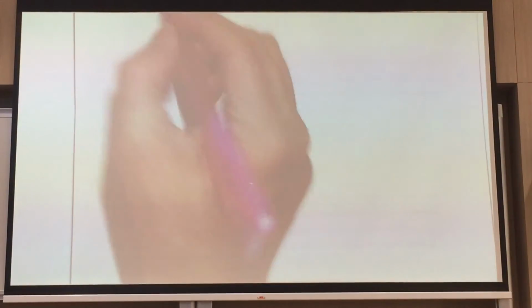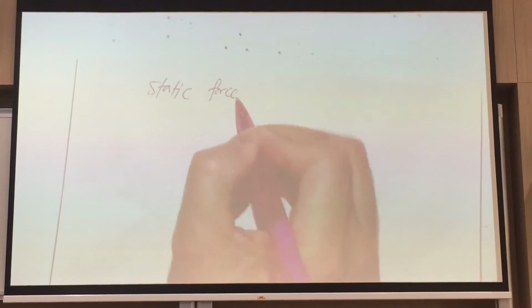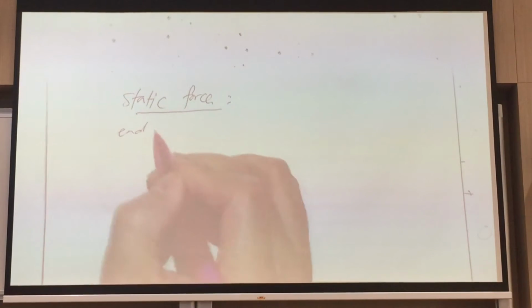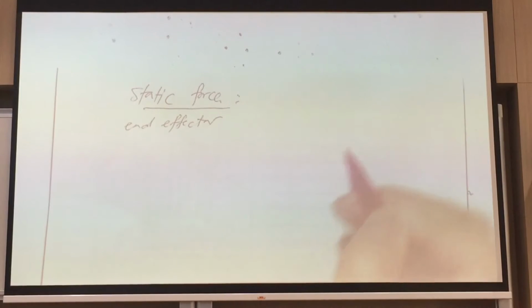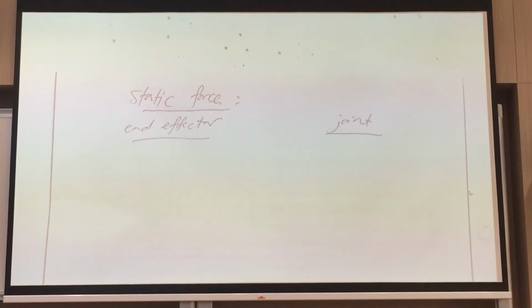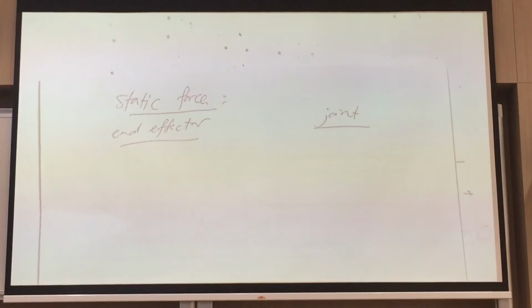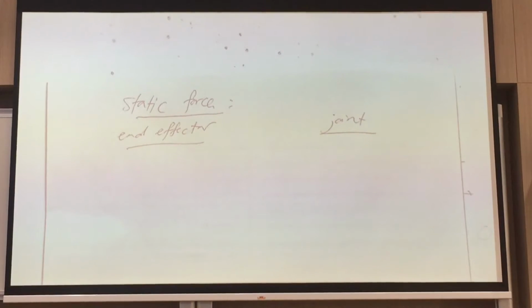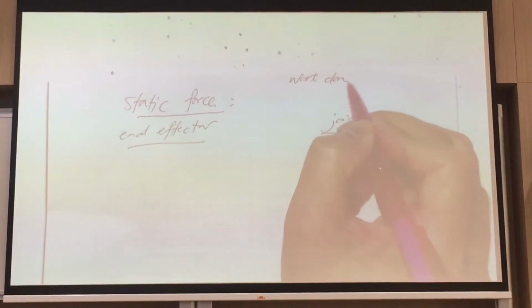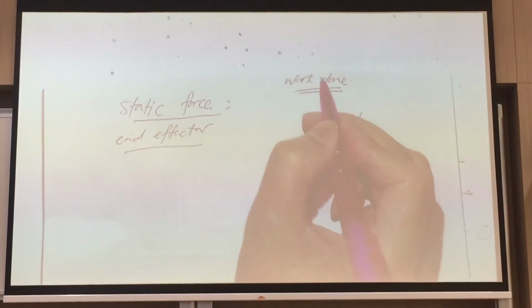First of all, for static force analysis, if we want to analyze static force on the end effector and the joint, how do we define the variable for each of them? First of all, we know the definition of work.